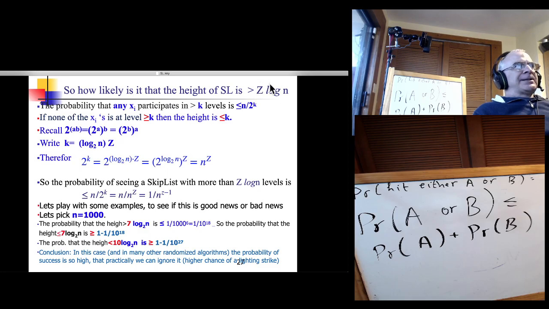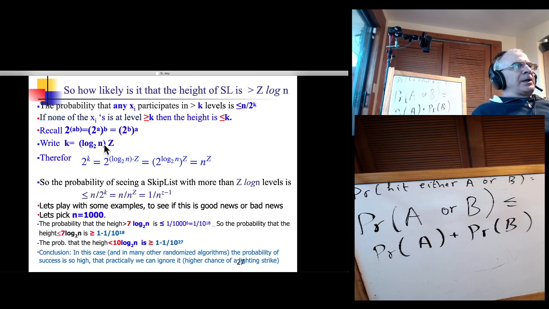I want to relate this condition to the result that I just established in the previous slide. So I'll just say the user said that as long as the height is less than 10 times log n, then you're fine. I'll accept the skip list. So I'll just set k to be 10 or z times log n.